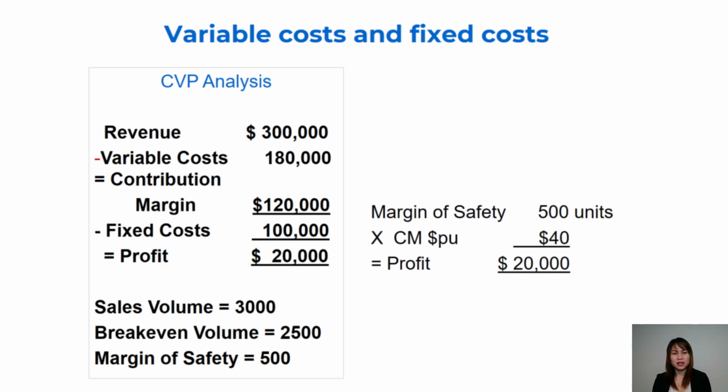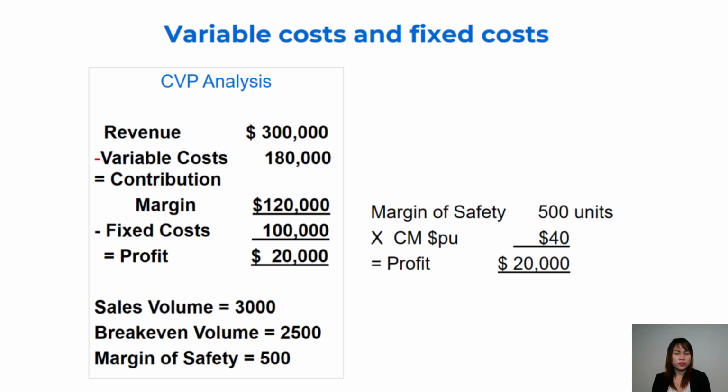Still from the same case study, CVP analysis for Dina Furniture, total revenue equal to $300,000 minus variable cost $180,000 equal to contribution margin $120,000 minus $100,000 fixed cost equal to profit $20,000. This calculation is based on targeted sales volume 3,000 units. Break-even volume that we calculated is 2,500 units. Therefore, margin of safety is the difference, 500 units.